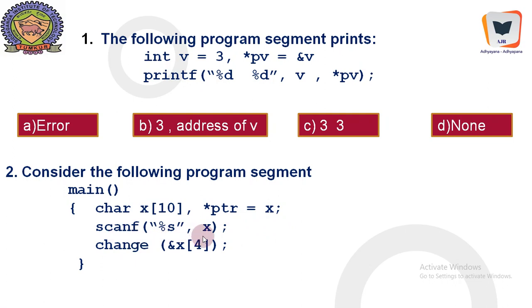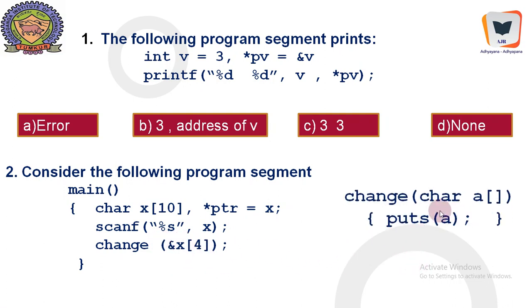So now we will read the string through %s, and we will read the string and change &x[4]. x[4] here means the address of the fourth cell. Let us see what exactly this particular function does.